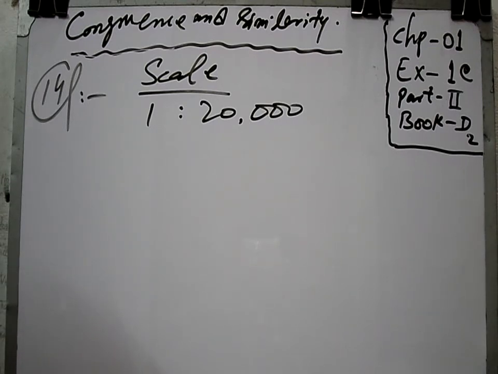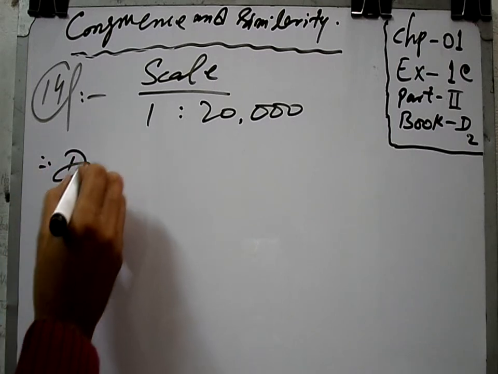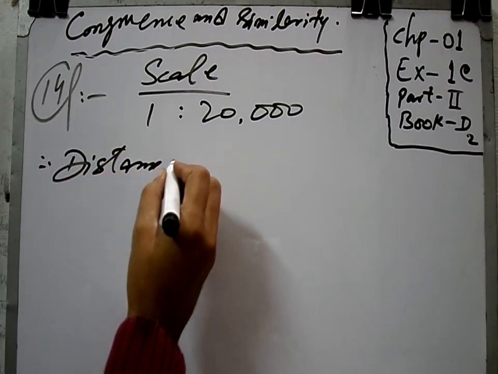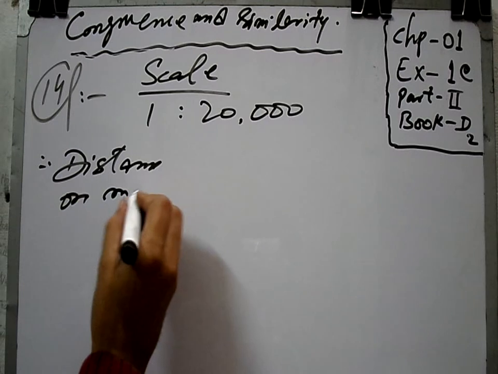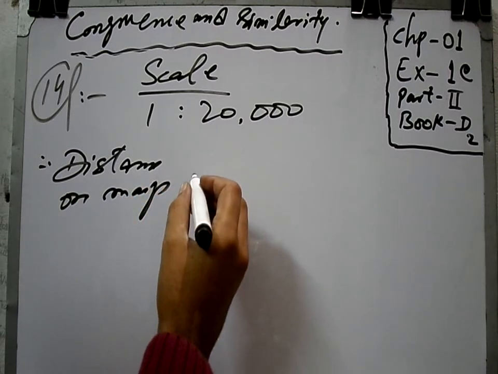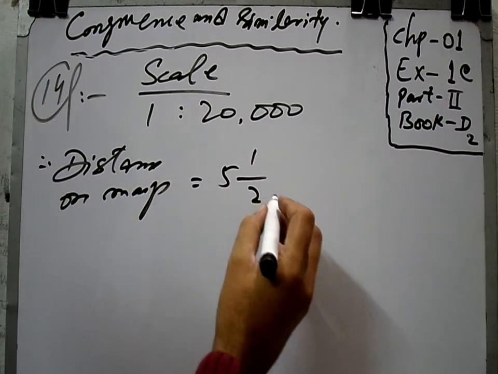Find the distance in kilometers of a road represented by 5 whole 1/2 centimeters on the map. Okay, therefore the distance on map is equal to 5 whole 1/2.